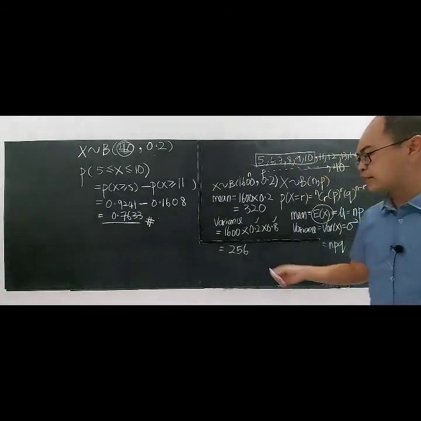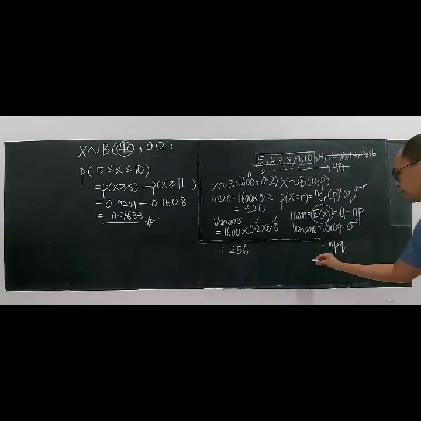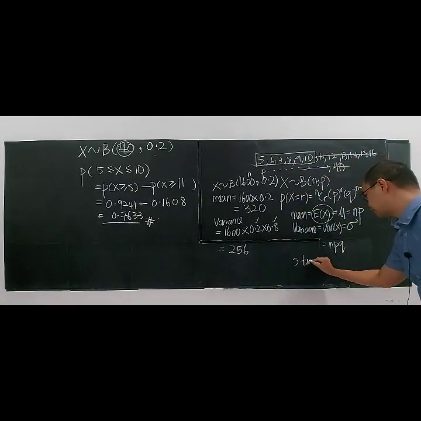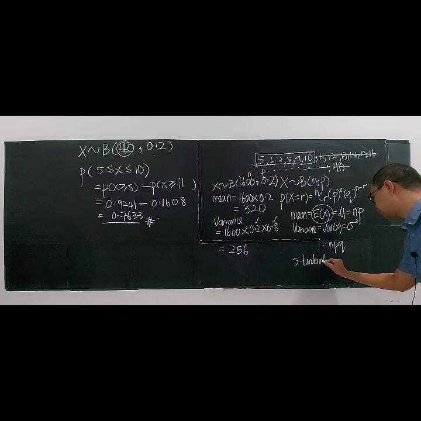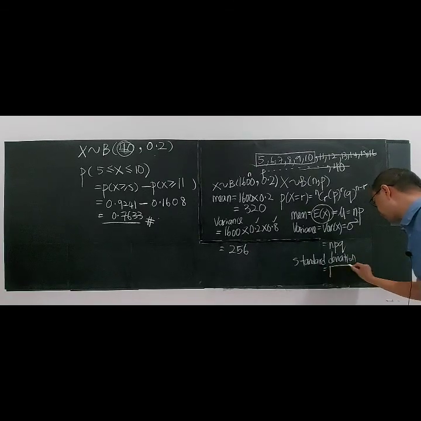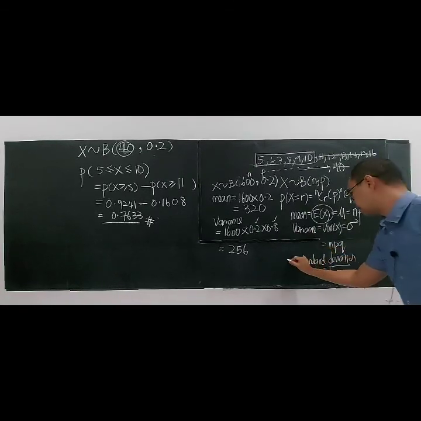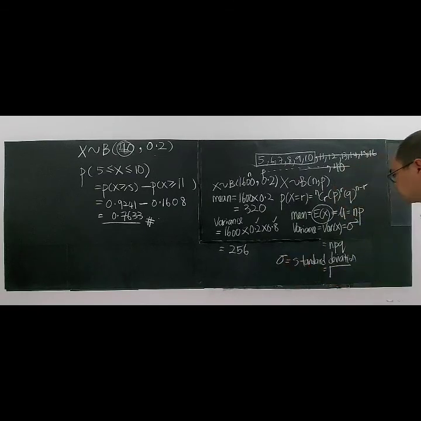256. If the question asks you to find the standard deviation of the binomial distribution, it will be very simple. It will be just the square root of the variance. Standard deviation is also known as sigma. So it's the square root of the variance of x.